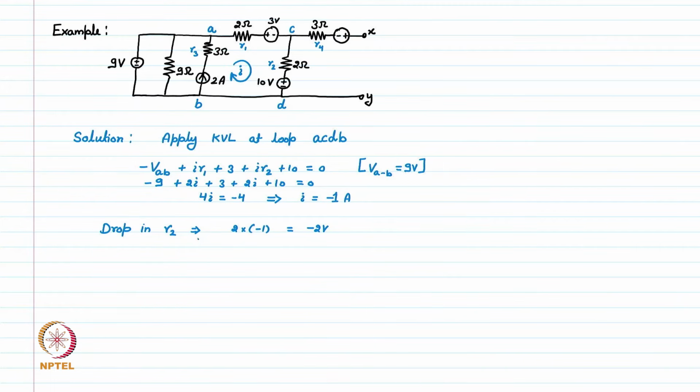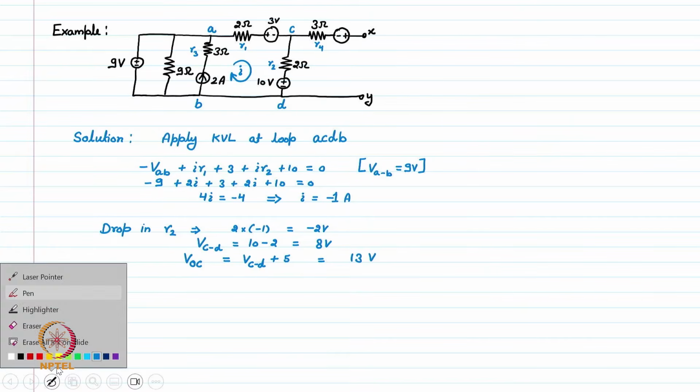So this gives VCD. This is 10 minus 2, which is 8 volt. So our open circuit voltage comes out VCD between the branch C and D plus 5 volt, that is 13 volt. So this is the open circuit voltage we have.